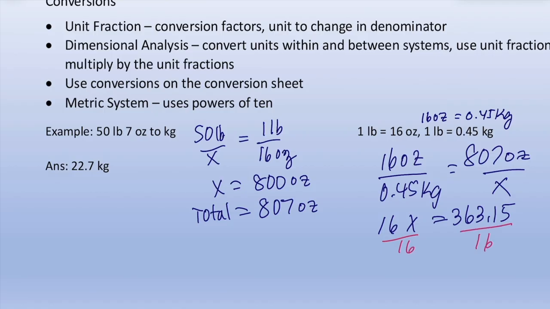So the 363.15 divided by 16 is 22.69687 kilograms. If we rounded it to nearest tenths, the 6 is followed by something more than 5.